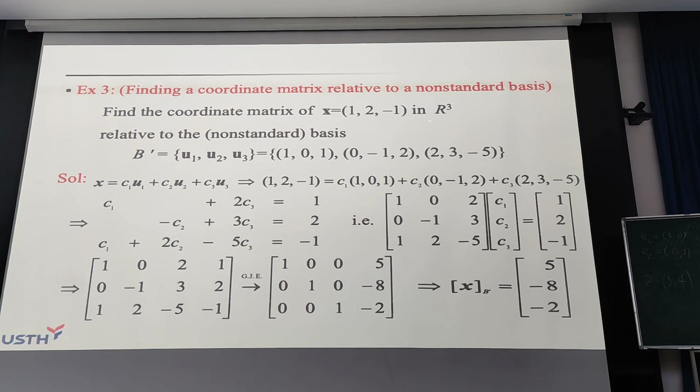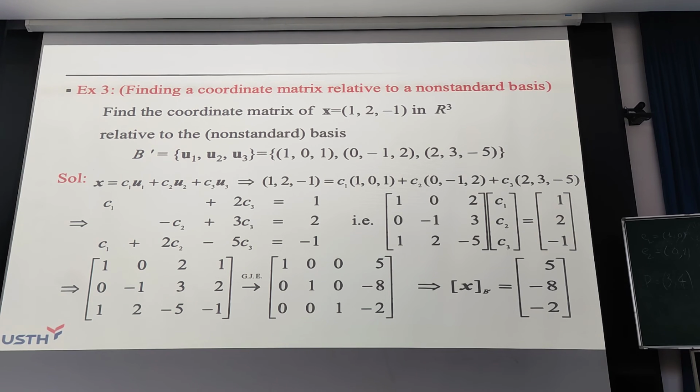If you consider its coordinate relative to the standard basis, the coordinate will be 1, 2, and minus 1. But if you consider it relative to the non-standard basis B prime, like that, then it will have the coordinate x relative to B prime equal to 5, minus 8, and minus 2. So the coordinates in different bases are quite different from each other.